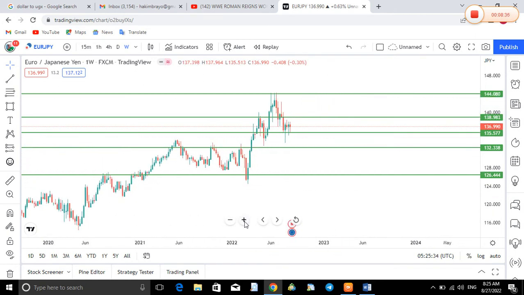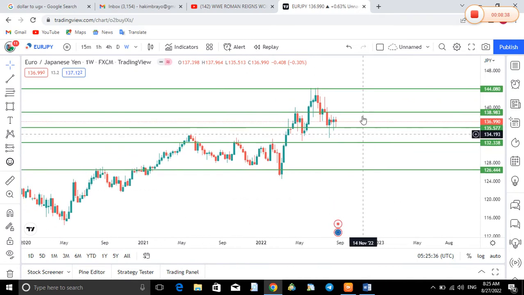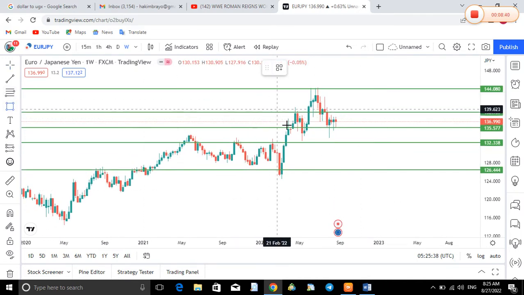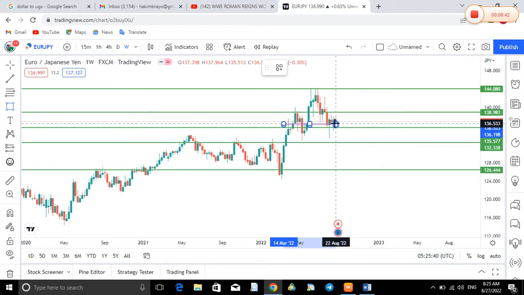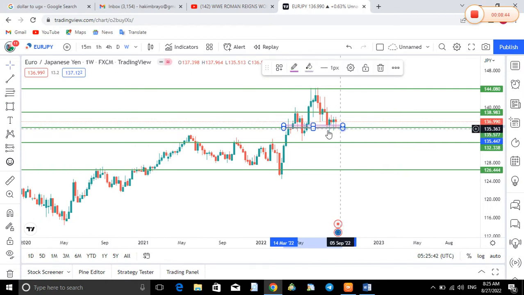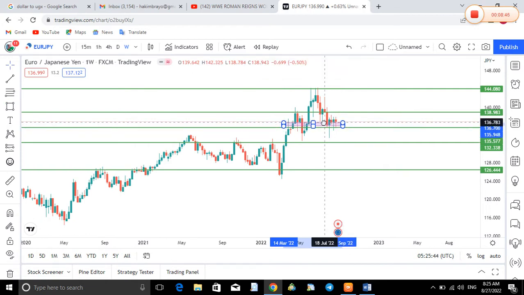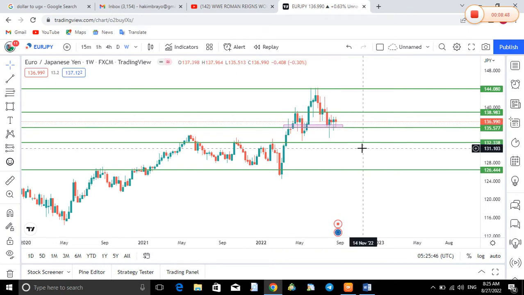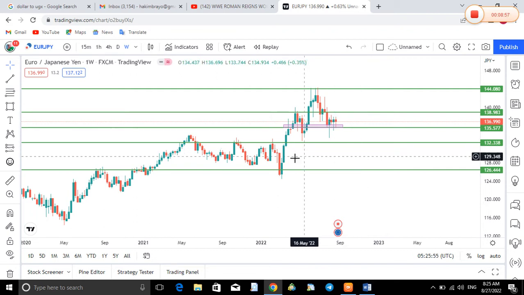Now, when the market approached this level, I can see there is a lot of buying pressure on this particular level. I don't know whether you can see it as well. If there is a lot of buying pressure at that level, that means sellers have exhausted, and we have a lot of pressure coming from the buyers.